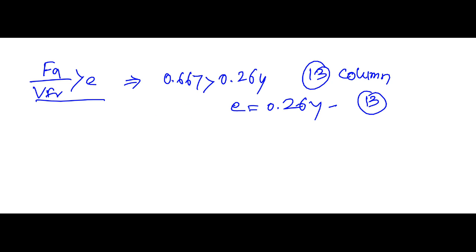Like that you have values. Now corresponding to this one, let us go for E equal to 0.30. You have a value of Y equal to 1.45. So now you go for the interpolation method.